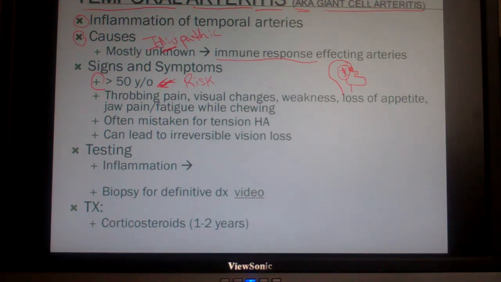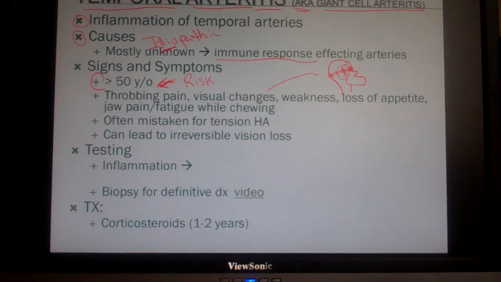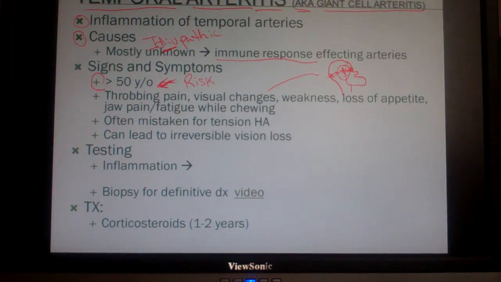Okay, visual changes. Well, if you think about it, you start back here in the occipital region of your head, and the optic nerve is going all the way from the back through to your eyes. That temporal artery is right there in the middle of all that, and if it starts swelling up, it can press on that optic nerve that's trying to travel through there.